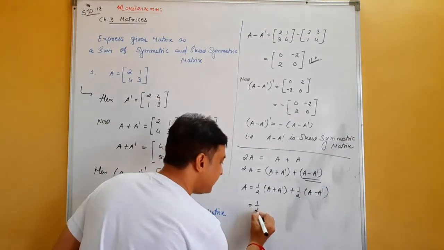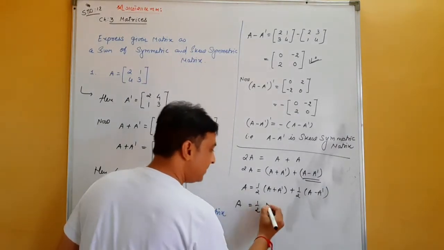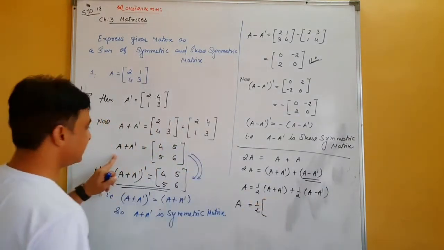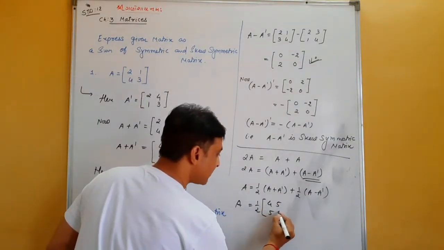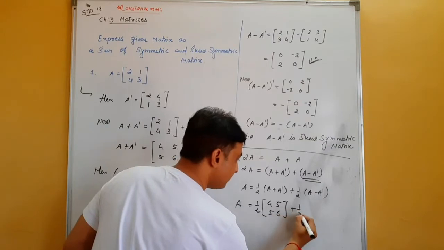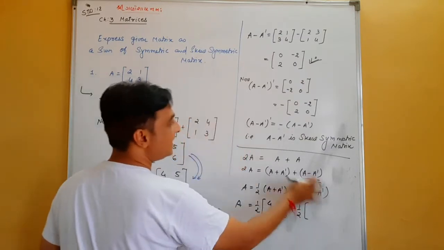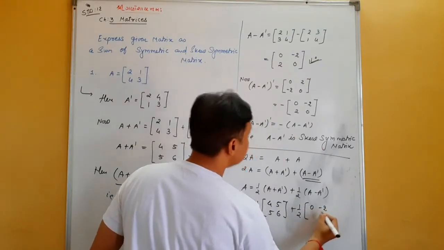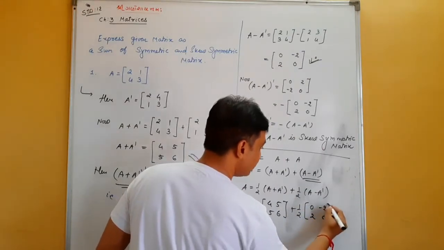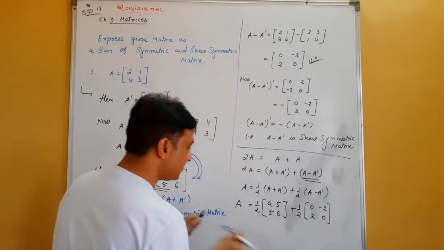That means A plus A' is always a symmetric matrix and A minus A' is always a skew symmetric matrix. Now substitute the values: A is 1/2 [4 5; 5 6] plus 1/2 [0 -2; 2 0]. This is the answer.